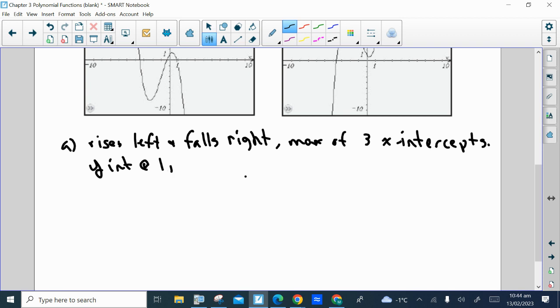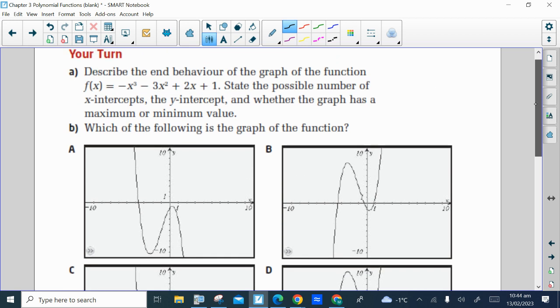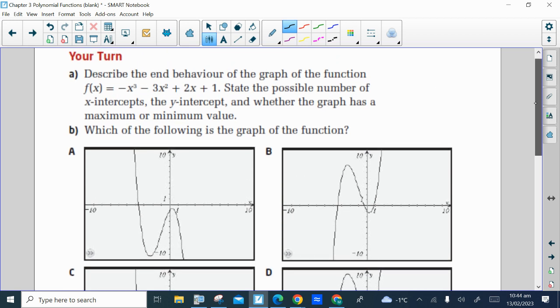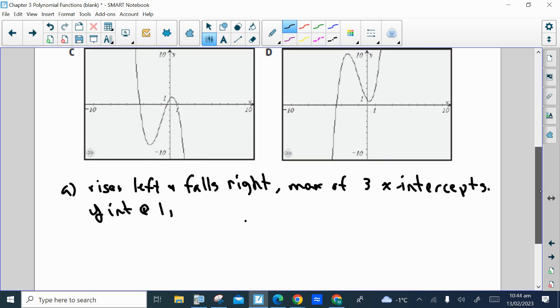And because it's a third degree polynomial, again, 3 is an odd number, it would act just like a line. It's going to have at least 1 x-intercept, but a maximum of 3. Also, it means that it's not going to have a max or min value because it rises one way to the left and falls to the right. There is no max or min.